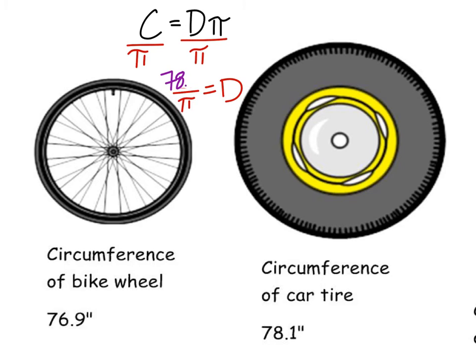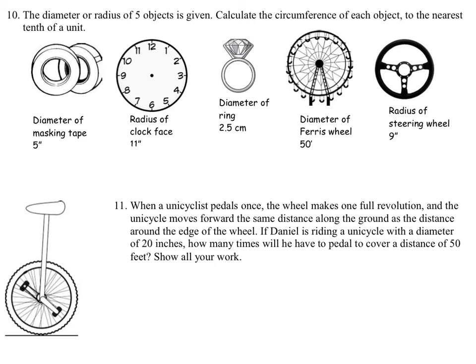This one should be pretty close to the last one, right? It's 24.86, so I got 24.9. Very good. The answer is not just 24.9, though. It's 24.9 inches. Bam.